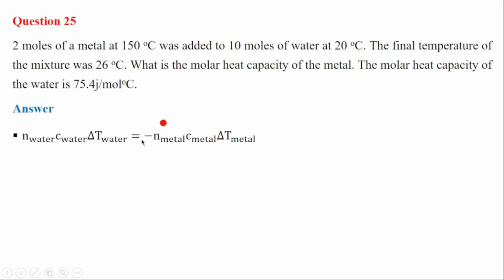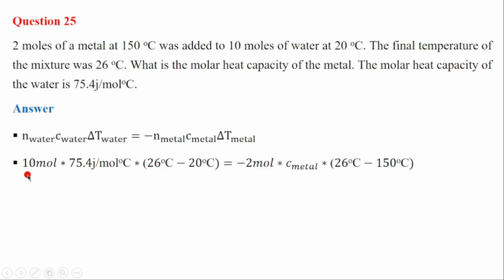That means that the number of mole of water times the molar heat capacity of the water times the change in temperature will be equal to the number of mole for the metal. Here we need to put minus sign to indicate that the metal will lose the heat. There will be a loss of heat from the metal. Then we have the N metal times the molar heat capacity for the metal times the change in temperature for the metal. Let's then put the values together.